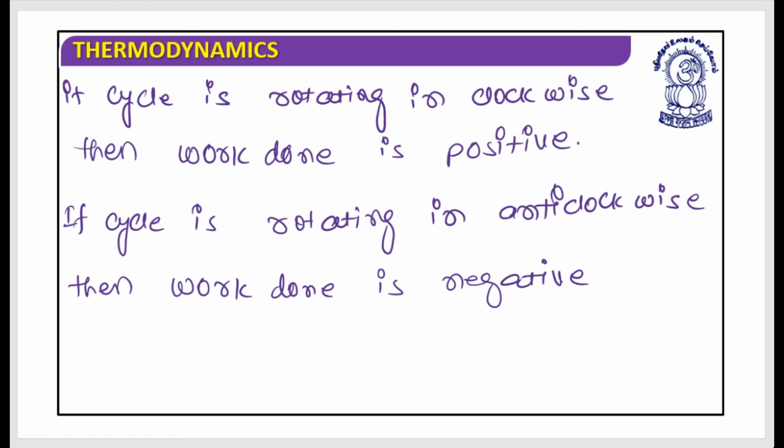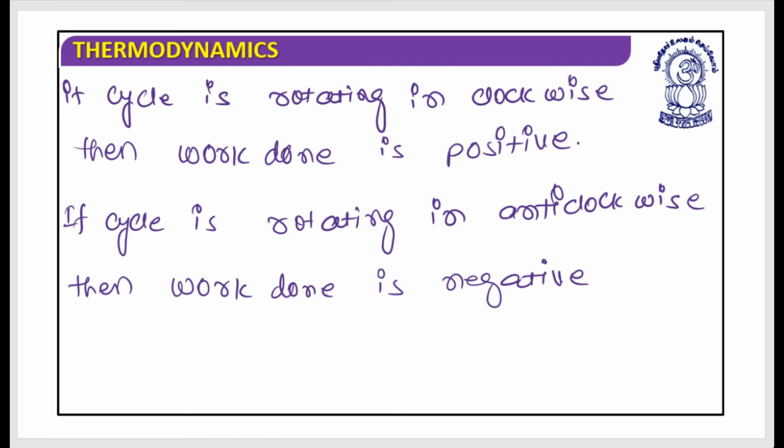So if the cycle is rotating in clockwise direction, it is just the positive work done. If the cycle is rotating in the anti-clockwise direction, then the work done is negative. I hope this is clear. Is it? Are you sure?